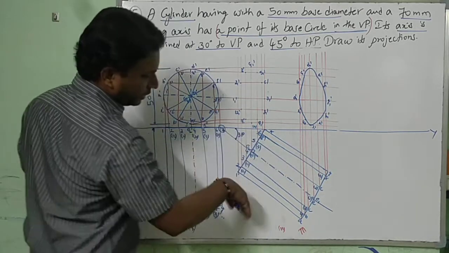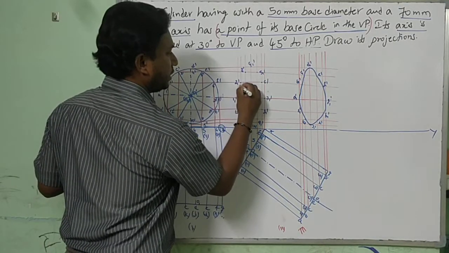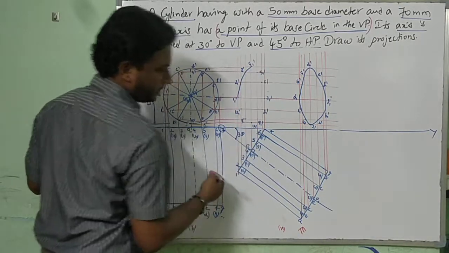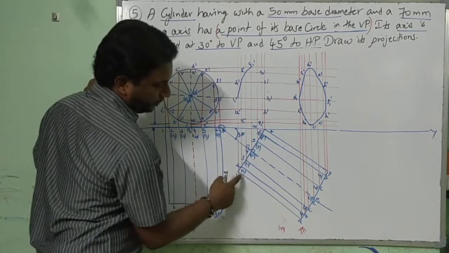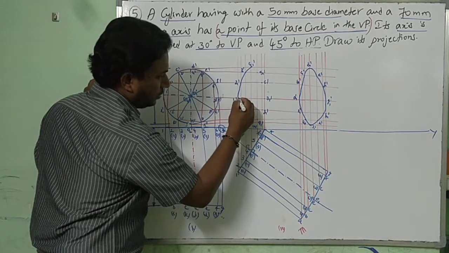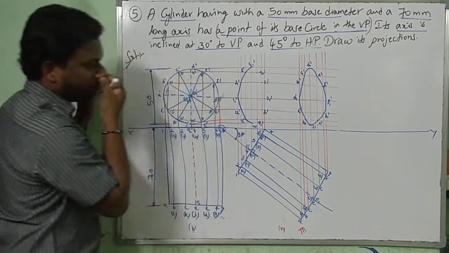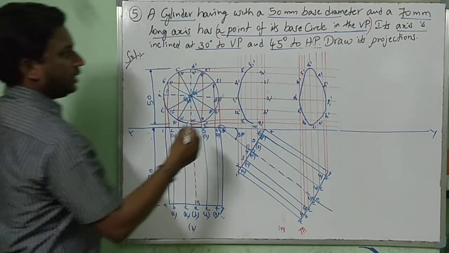So with the lower half, 1, 2, 3, 4 are 1 dash, 2 dash, 3 dash, 4 dash. Now the other half, what are those? 12, 11, 10, after 1 back, 12 dash, 11 dash, 10 dash, the half part. Now the remaining is hidden.